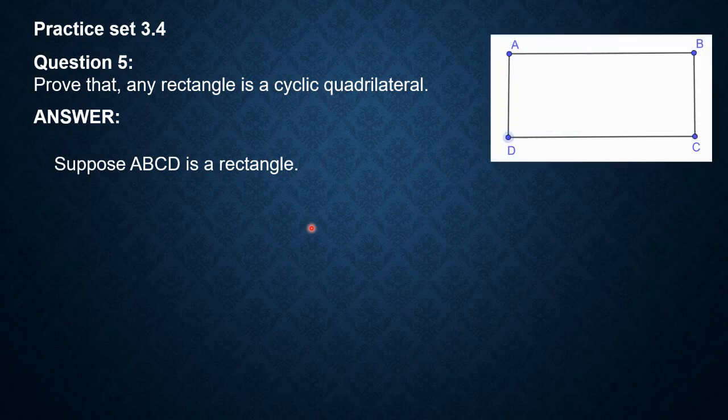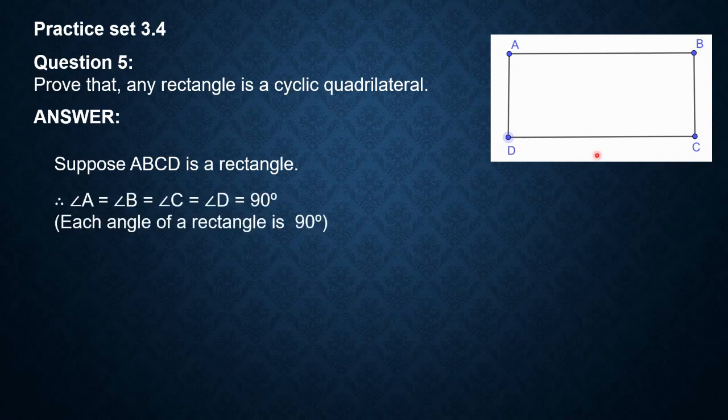In the figure we can see that ABCD is a rectangle. We know that in a rectangle each of the angles is a 90 degree angle, a right angle. Hence angle A equals angle B equals angle C equals angle D equals 90 degree.